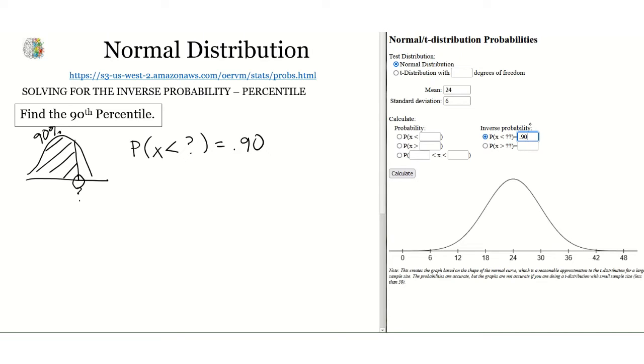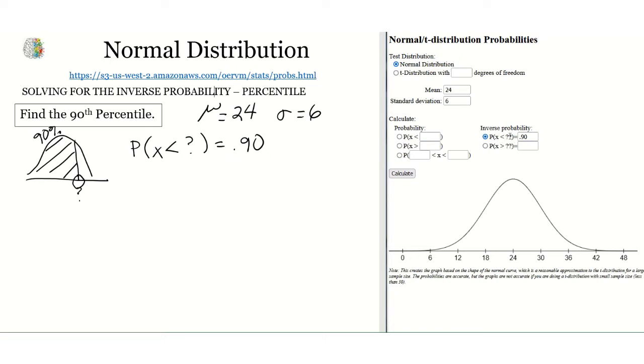We'll use an example of a mean of 24, standard deviation of 6. So we check our calculator.